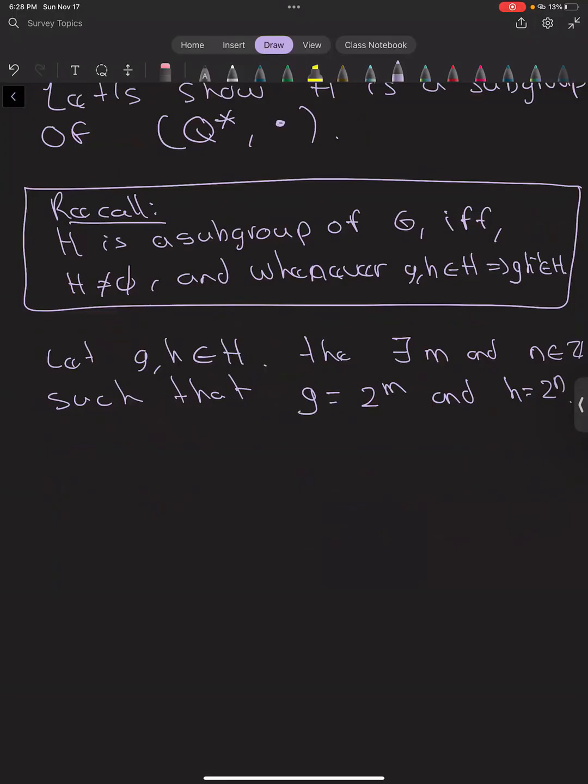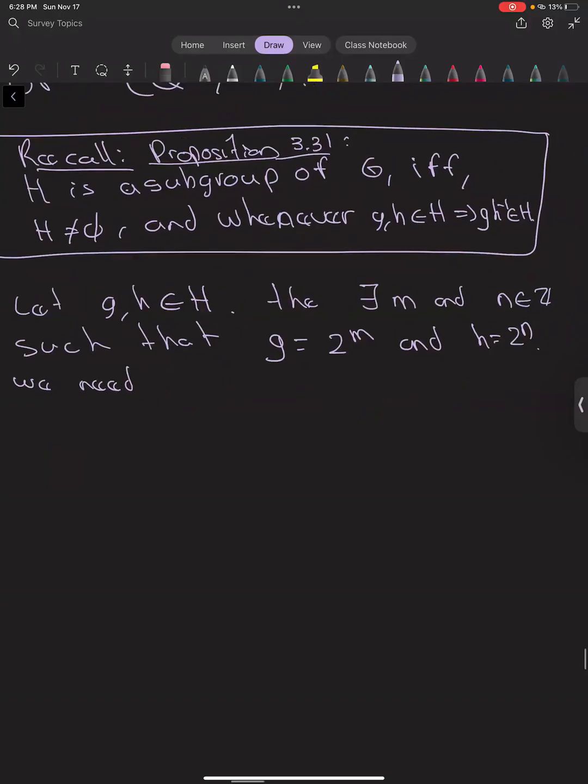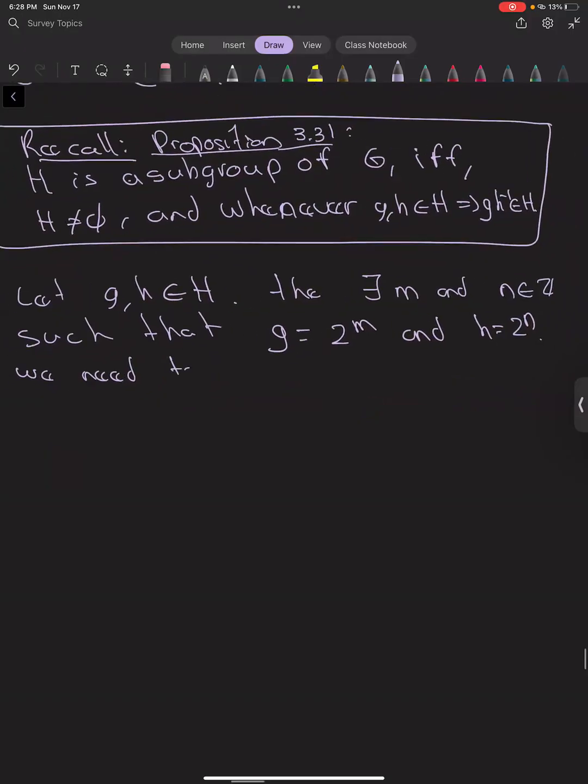This proposition from the book is proposition 3.31, and one of you is going to present it. We need to show that g times h inverse belongs to H.